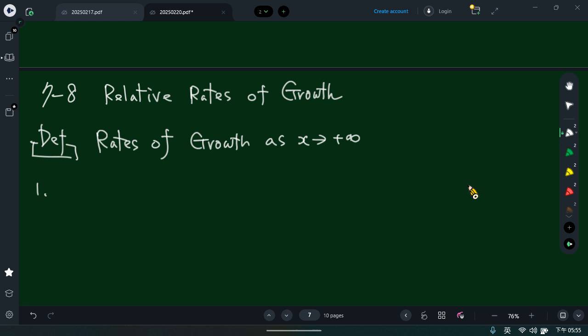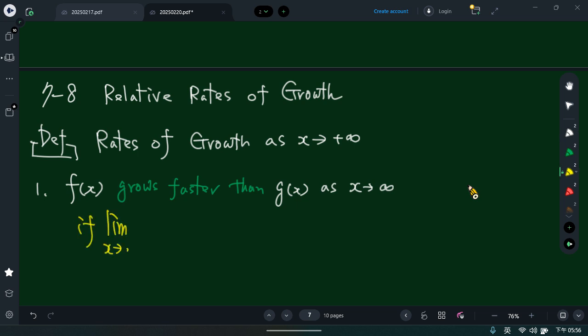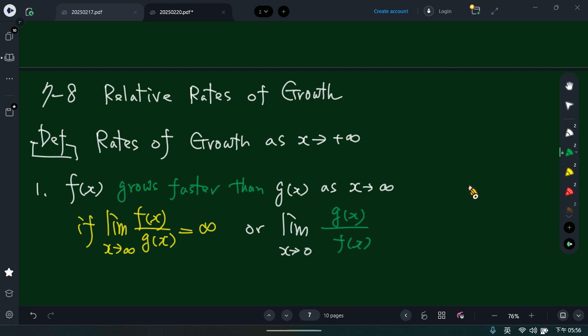If we say f(s) grows faster than g(s) as s is approaching infinity, then the limit as s approaches positive infinity of f(s) over g(s) is positive infinity, or, sorry, if we turn it upside down, g(s) over f(s), the limit should be 0.